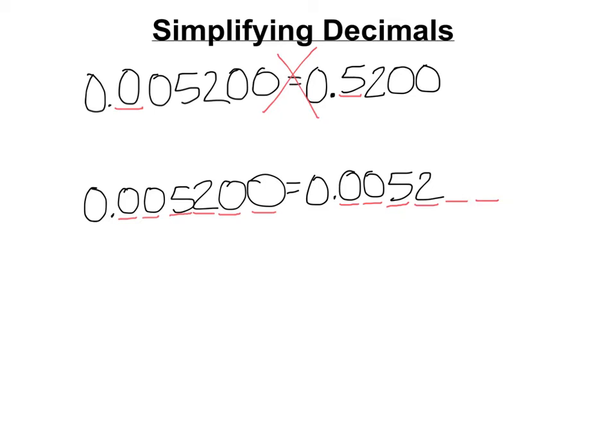So these two actually do match up. So if zeros are not holding anything away from the decimal, we can drop them. In other words, if they're hanging off the end of the decimal.